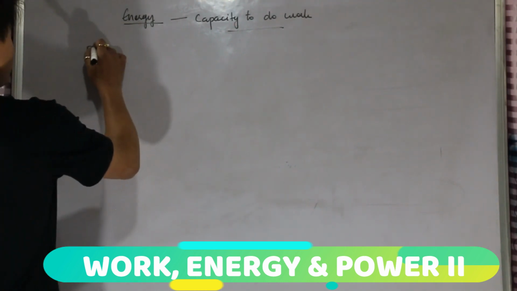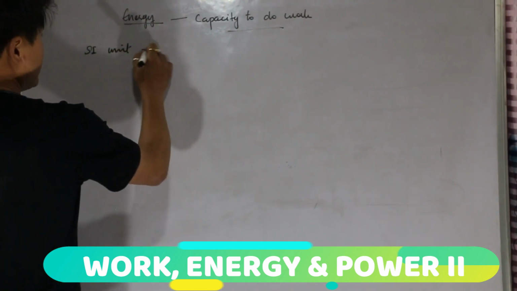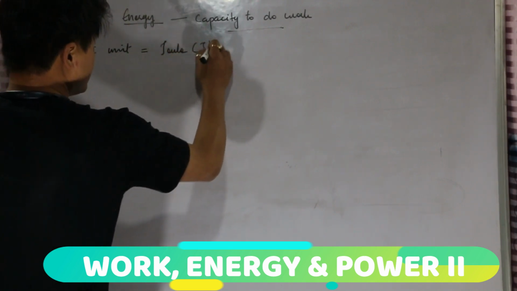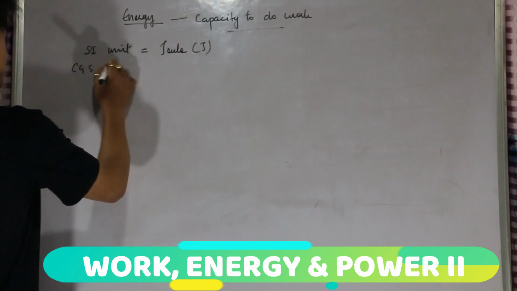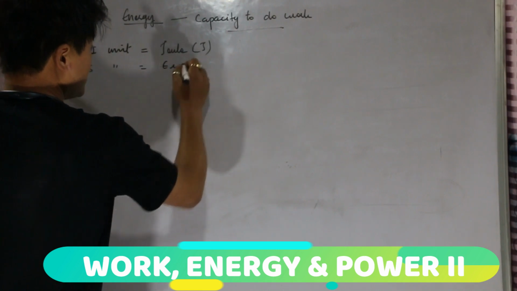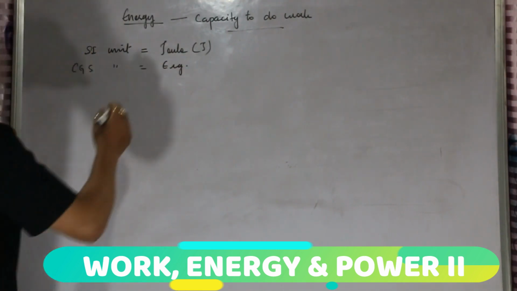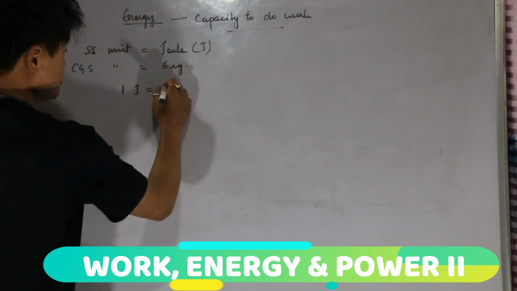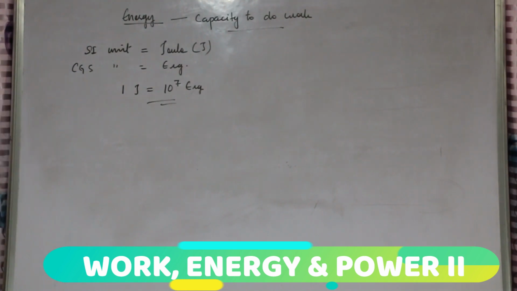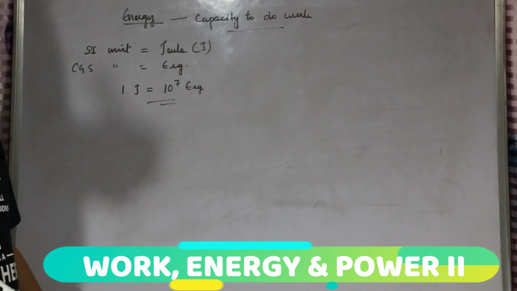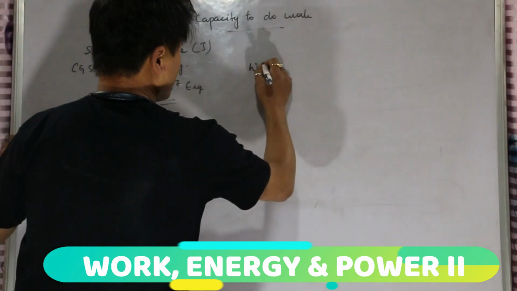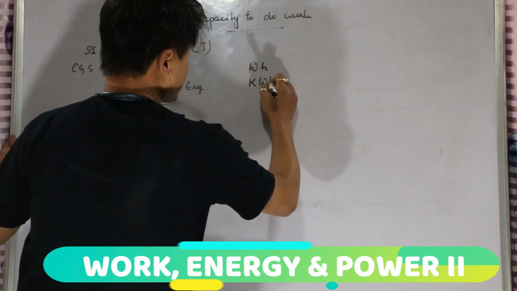So the SI unit of energy is the joule. Similarly, the CGS unit of energy is the erg. We have already done the relation between joule and erg: 1 joule is equal to 10 to the power 7 erg. And the bigger units of energy are watt hour and kilowatt hour.